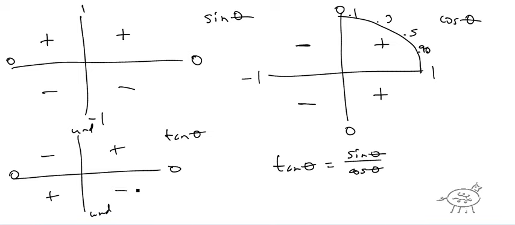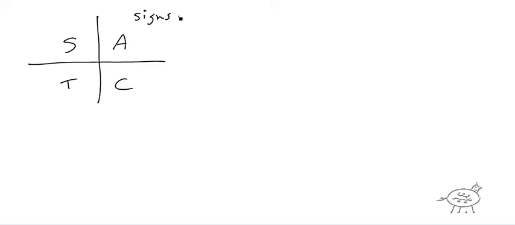Okay, so those are the signs that you need to remember for sine, cosine, tangent, and then of course you get the reciprocal functions. Now let me show you kind of an easy way to remember that. Kind of a fancy way here. All students take calculus. This is for the signs of sine, cosine, and tangent.